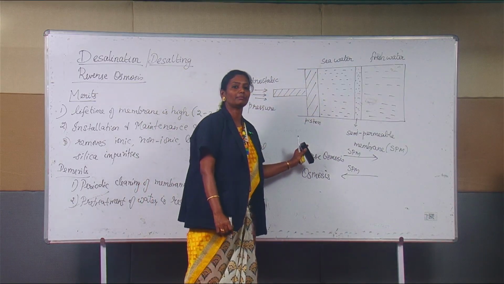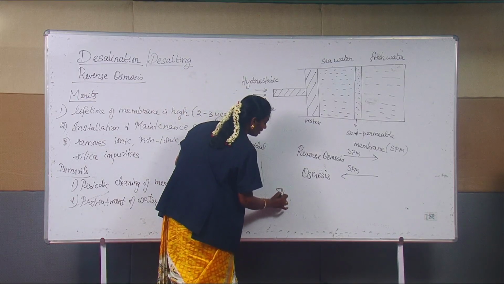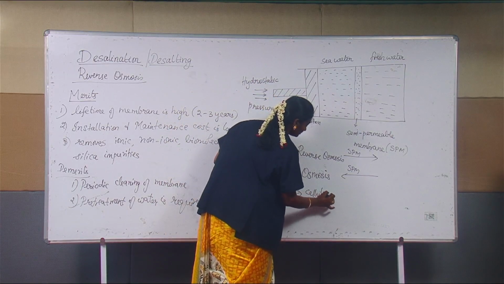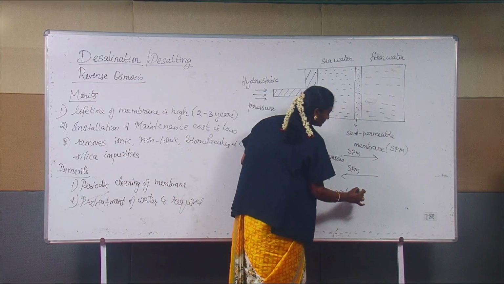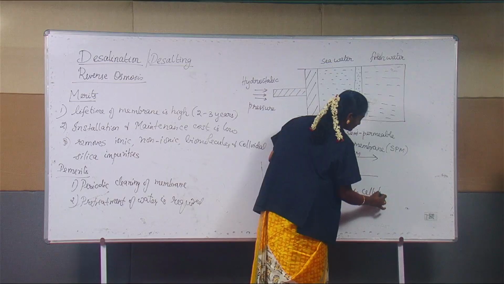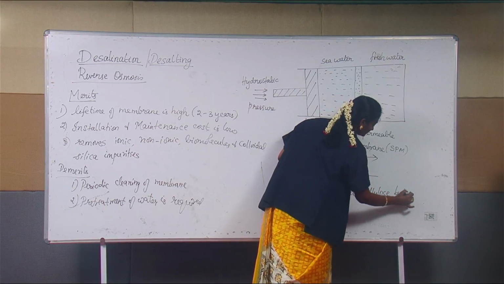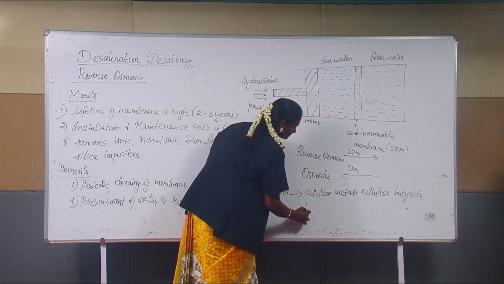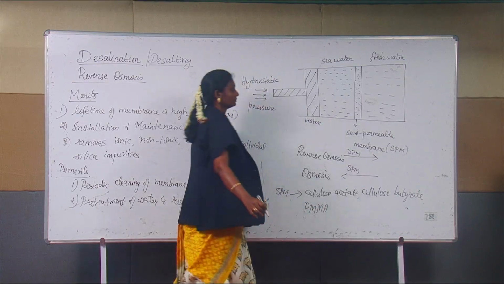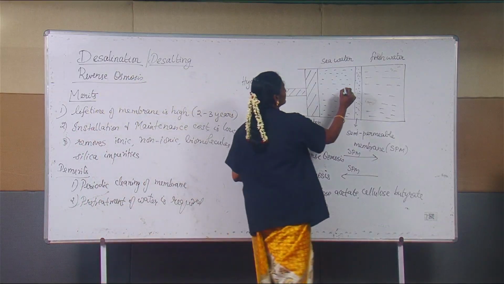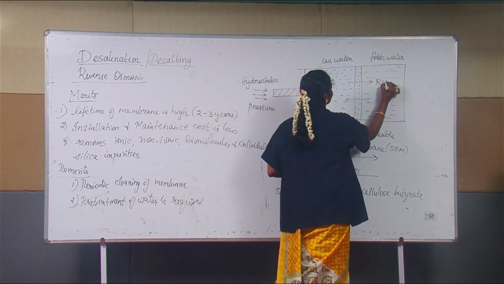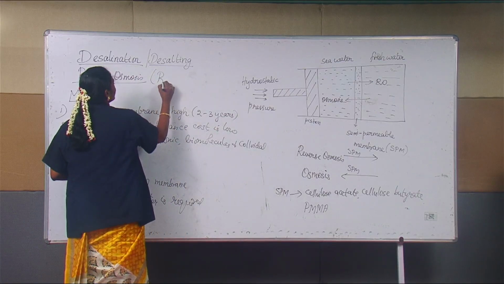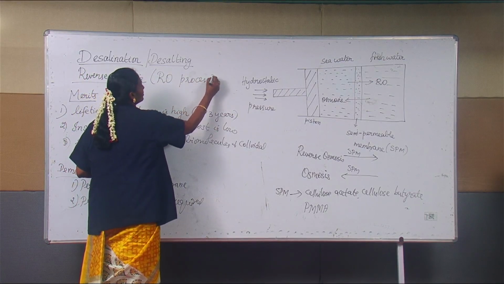Some of the semi-permeable membranes, which we call SPM, that can be used are cellulose acetate, cellulose butyrate, and PMMA, which is called polymethacrylate. So reverse osmosis, in short, we call the RO process.